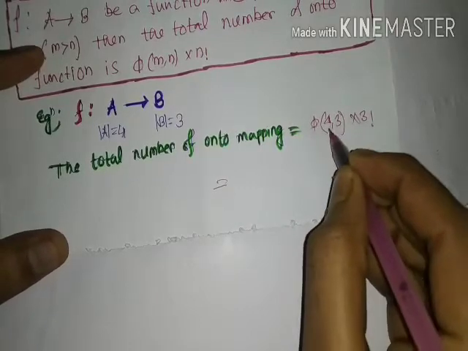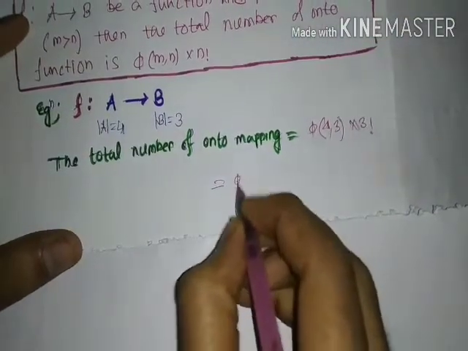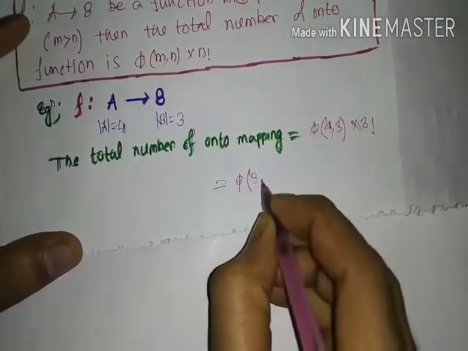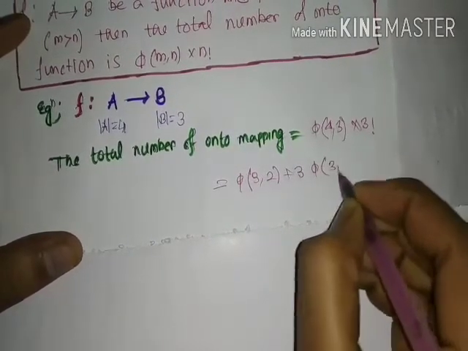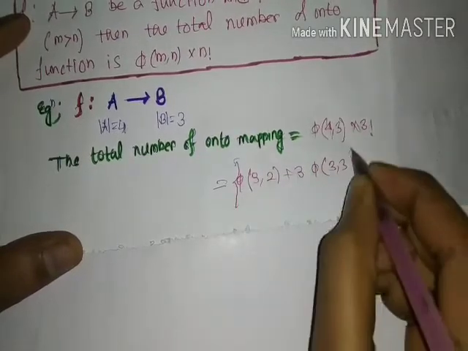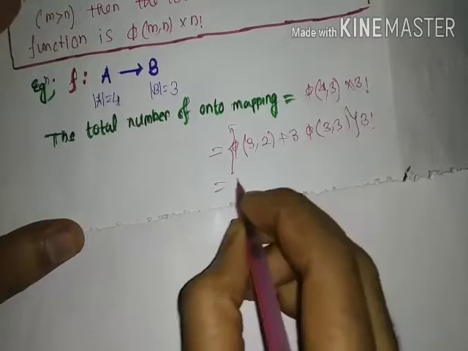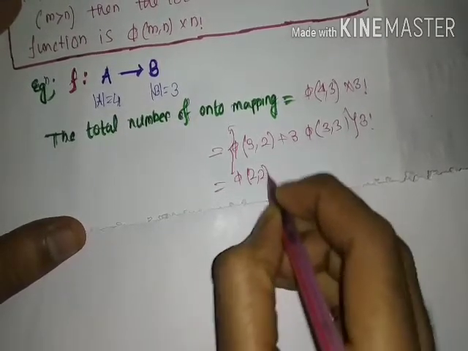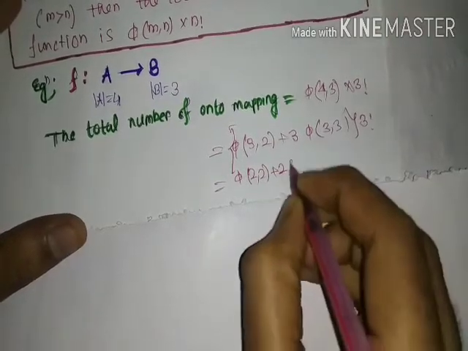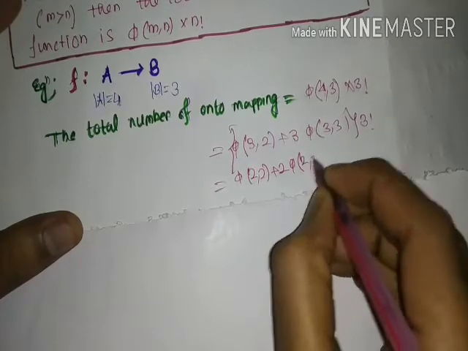We break it by the above rules. Both decrease plus second into first decrease, this into 3 factorial. So both decrease plus second into first decrease, phi of (2, 2).